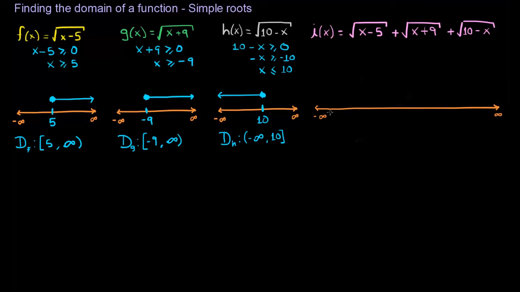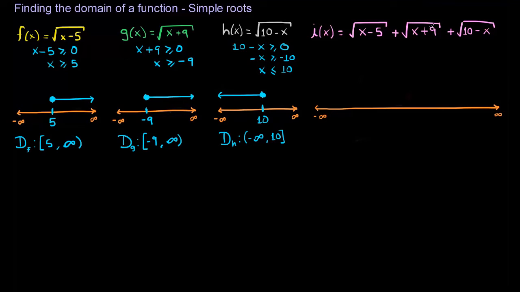Now, let's move to the third example here. It will be this one here, i of x is equal to all this thing. Notice something, we have here 3 roots and they're adding up. The way to solve these kinds of cases is that you will have to repeat the same process for each of the roots first.